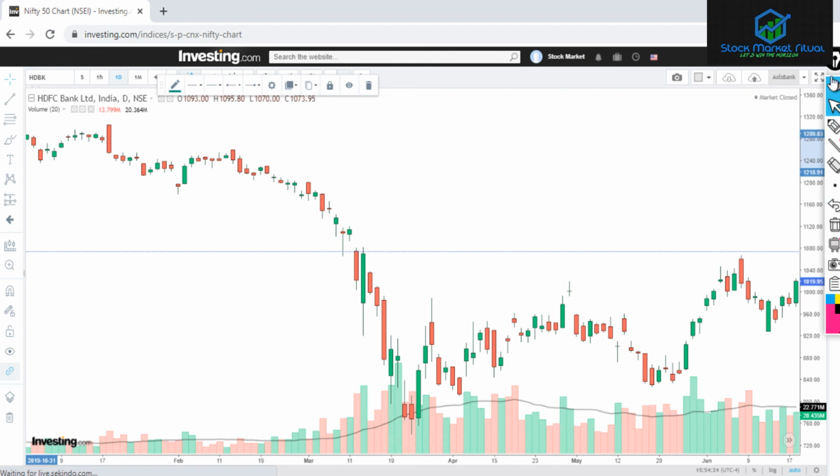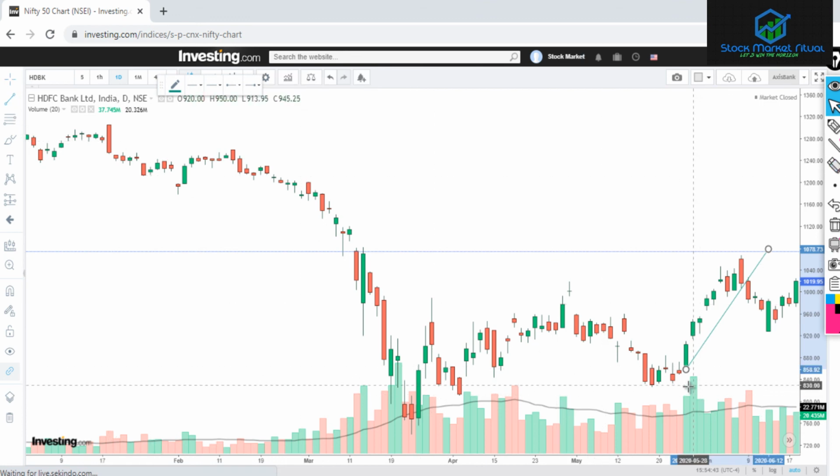Now here you can see that the prices are going up and in the same way the volume is also huge. That means this is kind of an uptrend that is on the line.